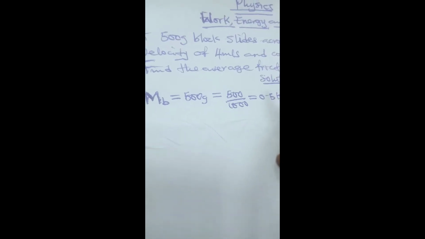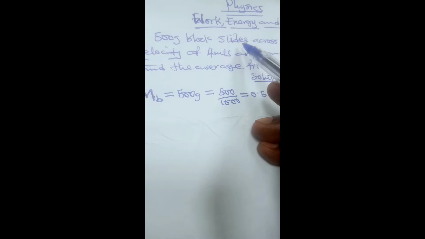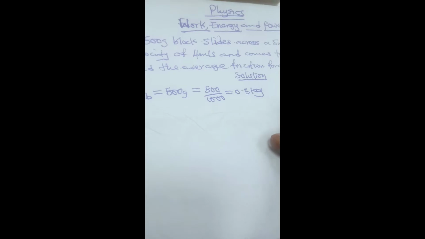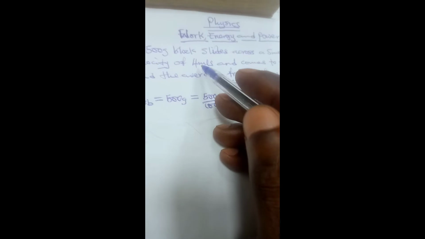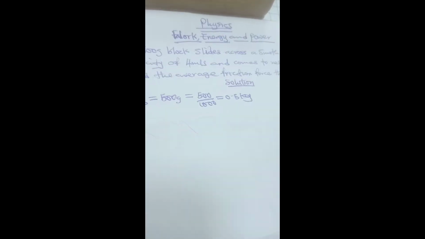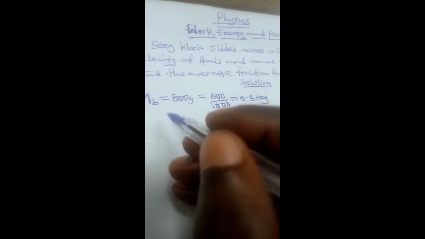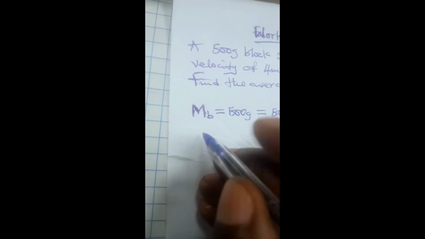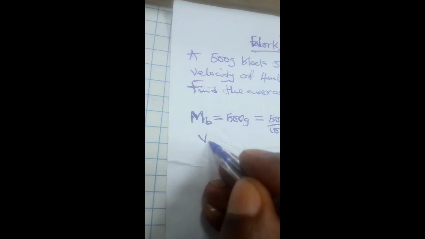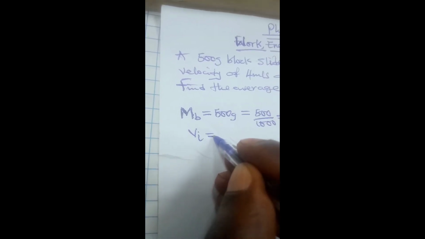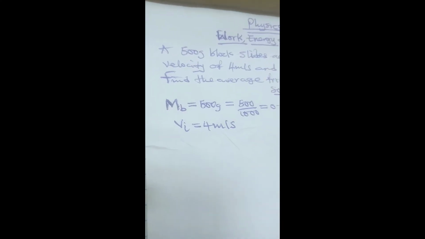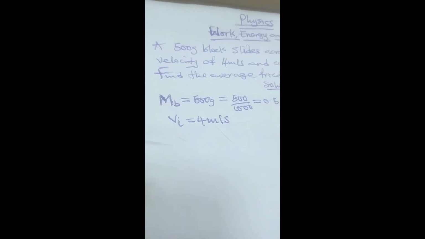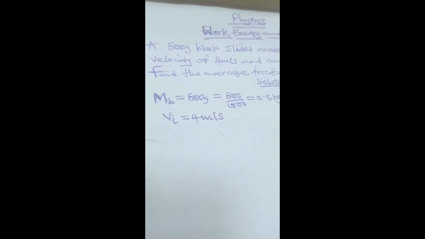So the question says a 500 gram block slides across a smooth plane top with an initial velocity of 4 meters per second and comes to rest in a distance of 8 meters.